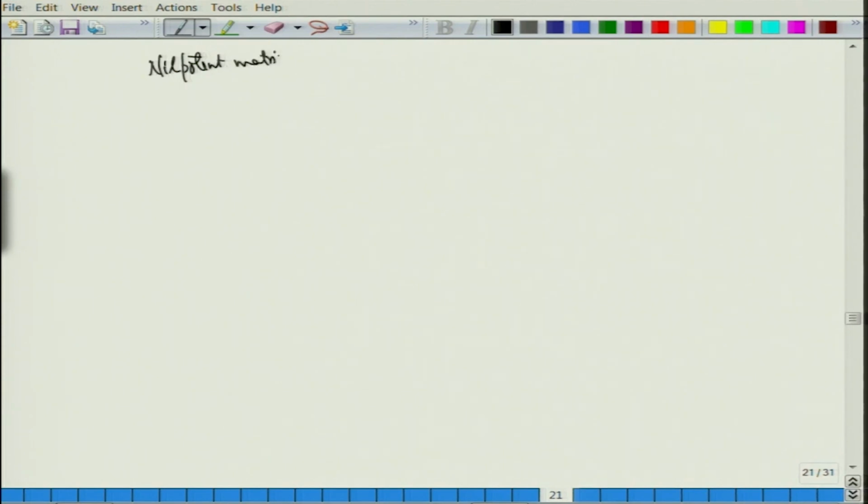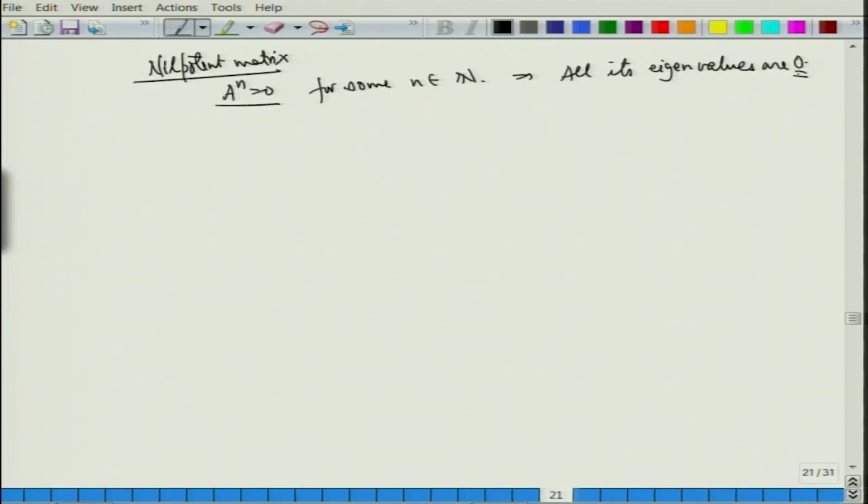nilpotent matrix means A to the power n is 0 for some n belonging to the natural numbers, all right, and therefore this implies all its eigenvalues are 0, fine.